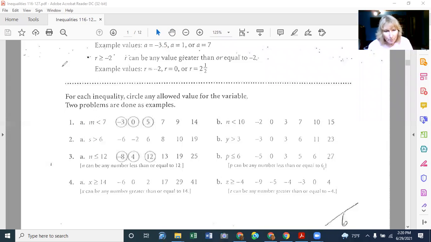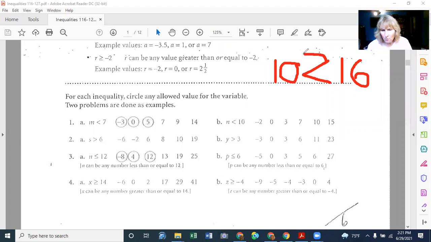So for example, if I write 10, then this symbol, and then 16, this is saying 10 is less than 16, which you intuitively know.